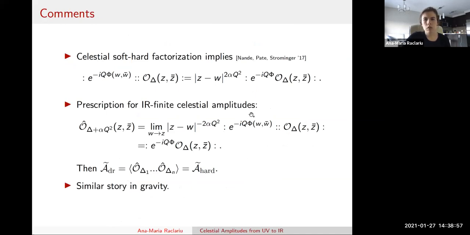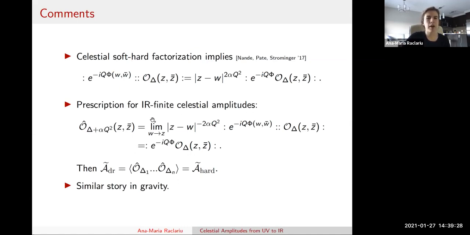Just one comment: there is a prescription of how one can construct infrared finite celestial amplitudes, namely to consider celestial correlators of these operators O hat of dimensions shifted by the square of the charge multiplied by this alpha.